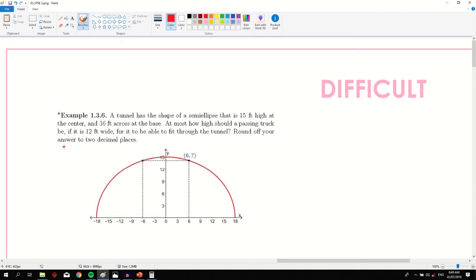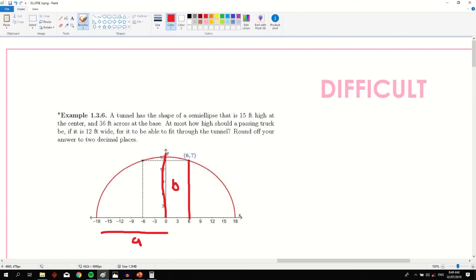Round off your answer to two decimal places. So if a truck will go in just like this in the tunnel, the wide tunnel, how high should the truck be here? So we already have the a, and also this one is the b.